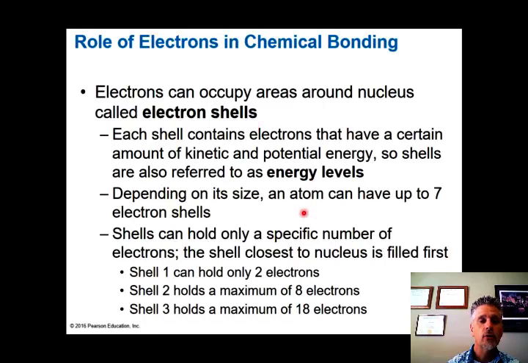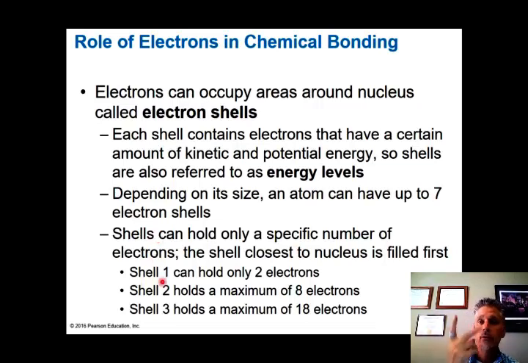When we look at these electron shells where these electrons are going to be located, there are different energy levels, kind of like different orbits around the nucleus. For instance, there can be 3 shells circling the nucleus, and each shell can only hold a certain number of electrons.